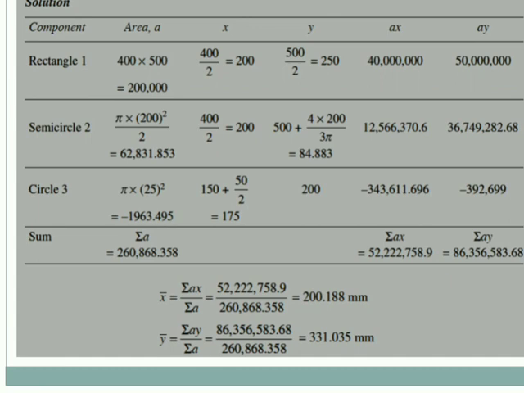Then find out the location of the centroid using the regular formula, x bar and y bar. So your centroid in this case lies at x bar equal to 200.188 and y bar equal to 331.035. So this was the first example with the cutout section.